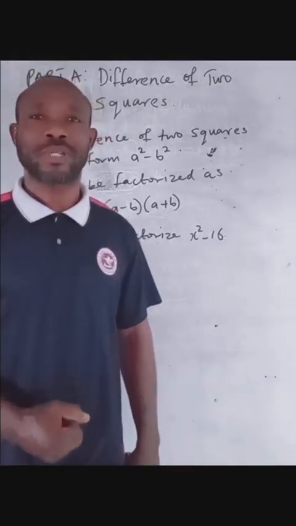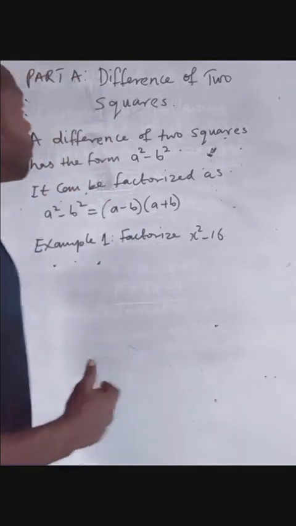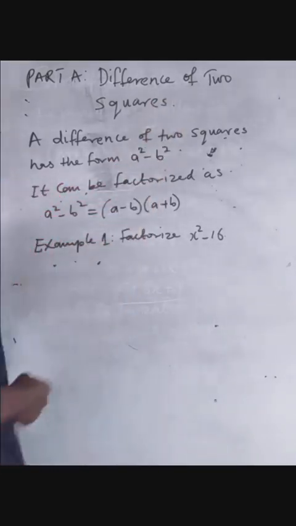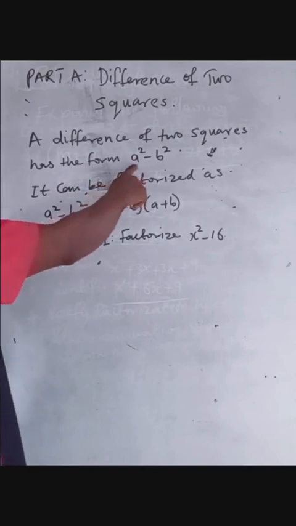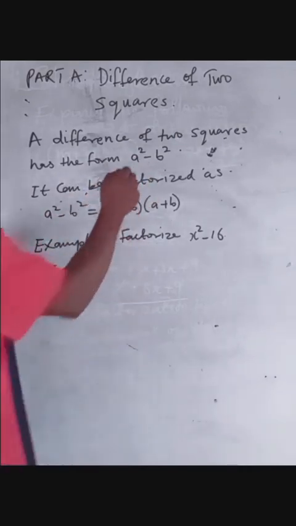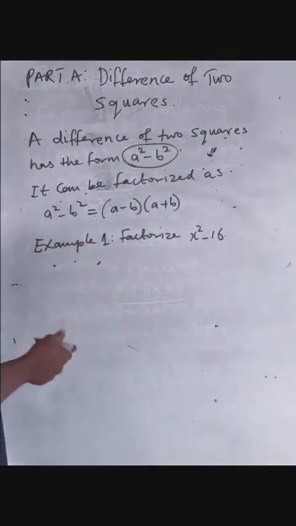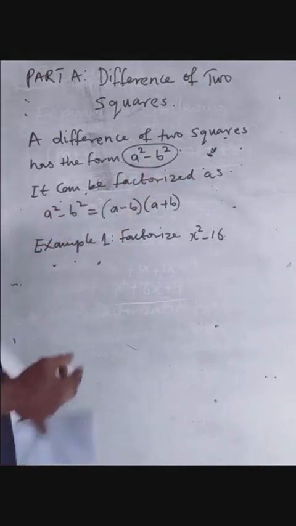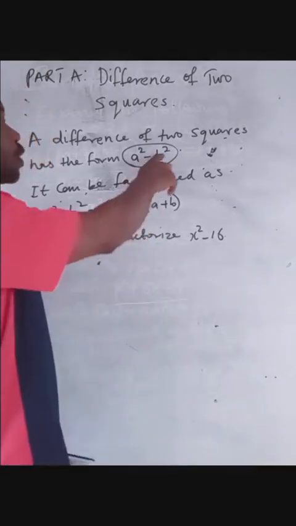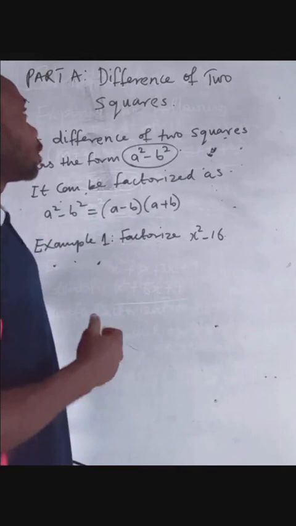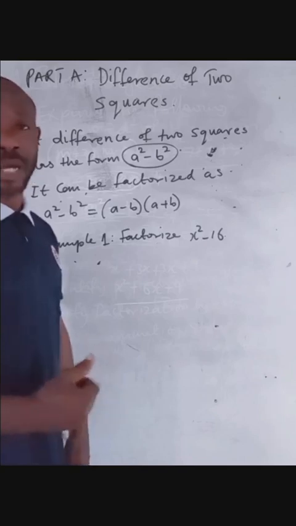So let's look at the first technique that we're going to learn about in this lesson. Difference of two squares. A difference of two squares has the form a squared minus b squared. Any algebraic expression that has the form a squared minus b squared, you can use the difference of two squares technique to factorize it.